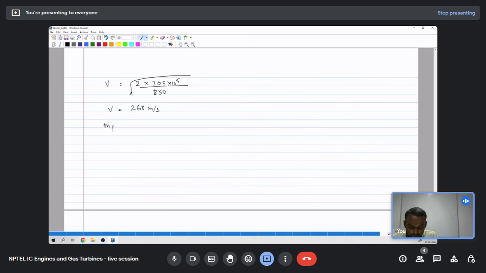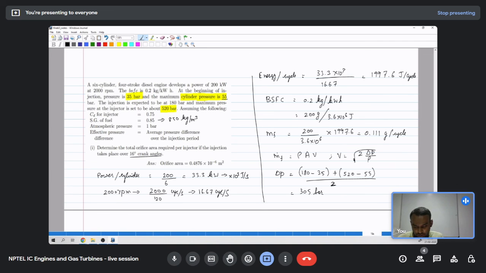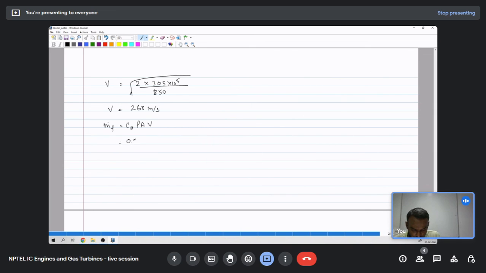M dot f is rho a v, and the discharge coefficient is given, so you would write the equation with the discharge coefficient. The CD of the injector is 0.75, so this is 0.75 into the density of the fluid, 850. For area we have pi by 4 d square, where d is the injector orifice diameter, and the velocity of the fluid is known, 268.